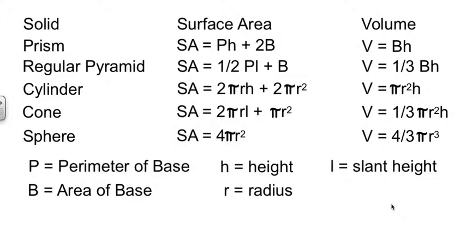I'm not going to flip back on the video, but we'll refer back to this to get the formula we need for the shape we're looking at. In your assignment, you're going to be asked to find a bunch of volumes and surface areas and things of that sort. So you're going to need to recognize what shape you're looking at and use the proper formula.